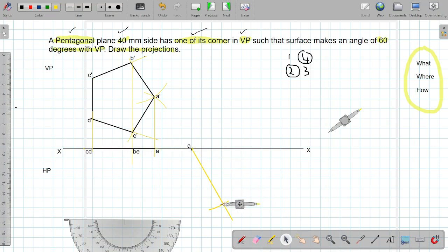So from C to D, because I measured from CD, I will keep it on CD and cut an arc on this line and name this point as E. Now to complete this step 3 we have to darken this line from point A to point CD.